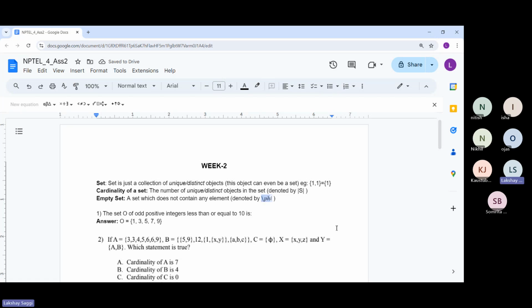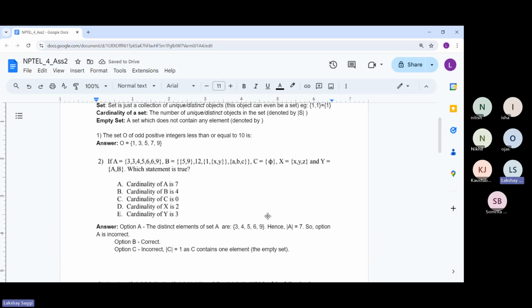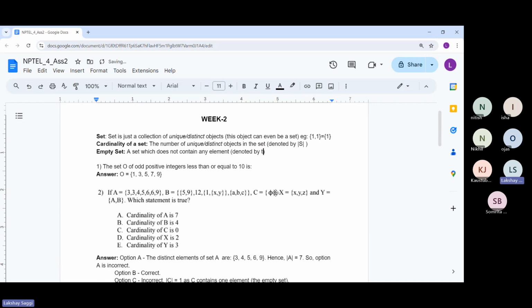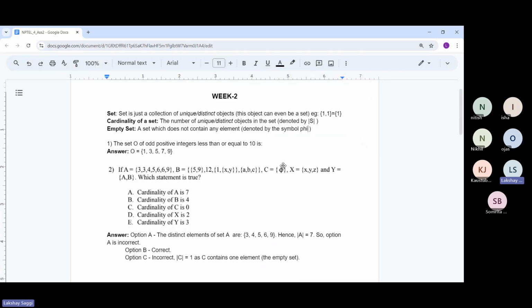I thought this must be a well-known symbol. Never mind. I'll just say that it's denoted by the symbol phi. Like everyone knows what phi is. Phi is this symbol. So it is denoted by the symbol phi.